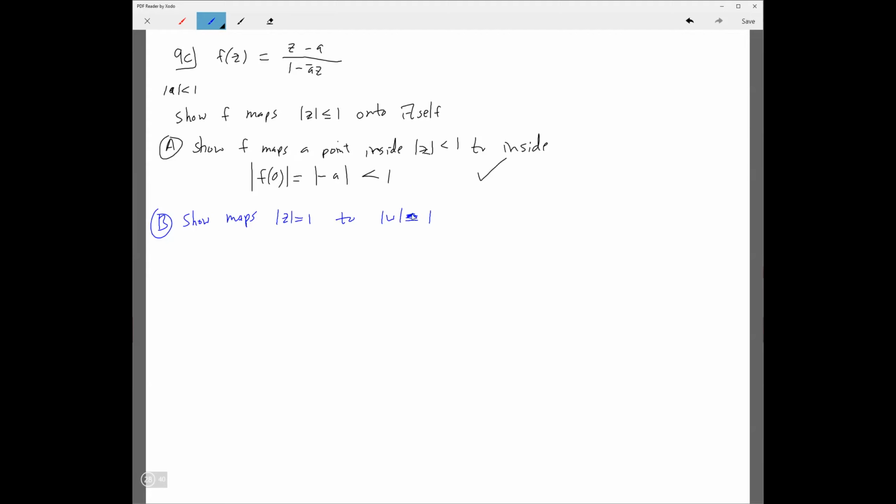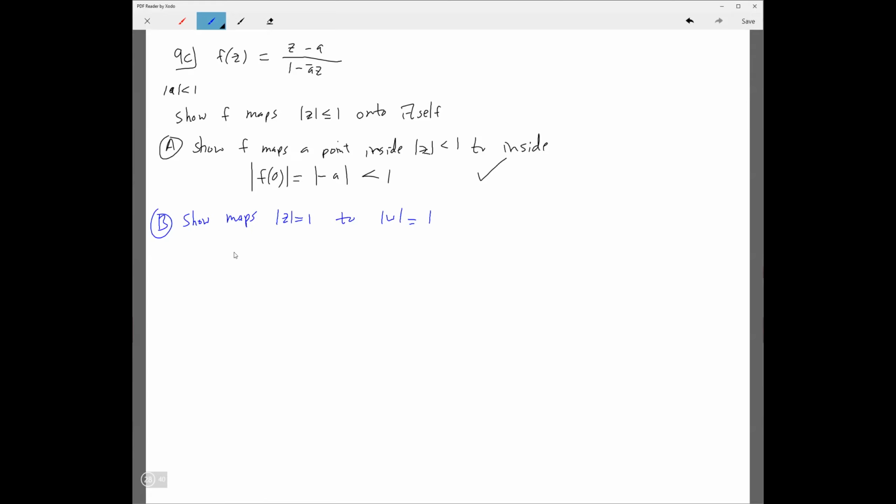So if you can show that the boundary maps to the boundary, then you're good that way. Any point whose modulus is 1 maps to another point whose modulus is 1.